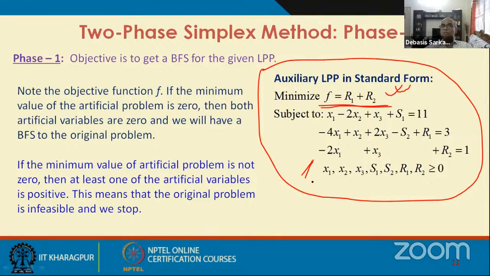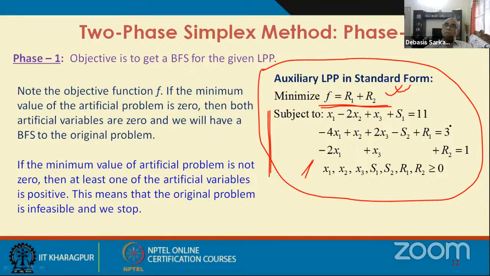So let me stress upon this. When you formulate this auxiliary linear programming problem, the constraints are all put in the standard form, right? And then the objective function is changed to the sum of the introduced artificial variables.